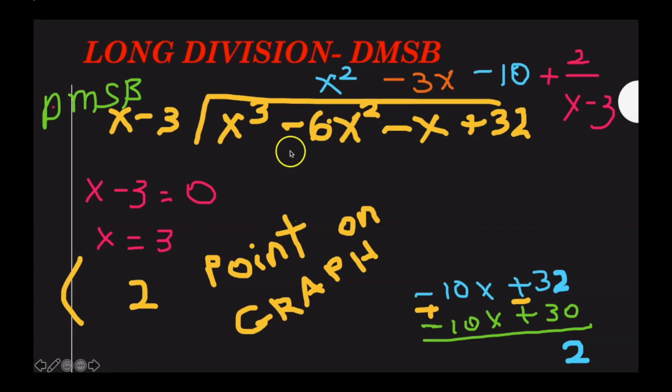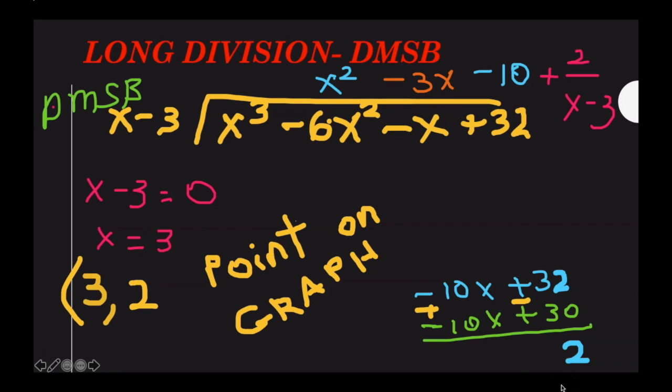Next thing I can do is I can use this 2 as a point on the graph. You go, well, how does that work? Well, you'll notice over here, I took the x minus 3 and x equals 3. So this 3 is actually going to go with this 2. This is the x and this is the y.